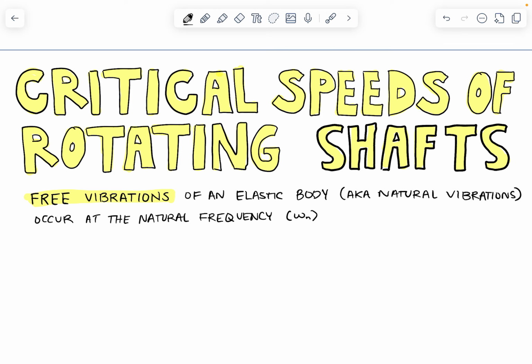If there was no friction or air resistance, they could go back and forth forever. And that frequency at which they move back and forth, or at which the string on your guitar moves back and forth, that's the natural frequency of that system.